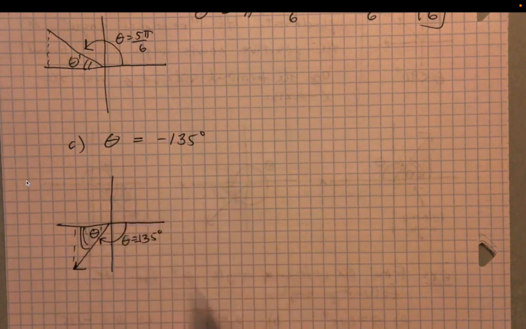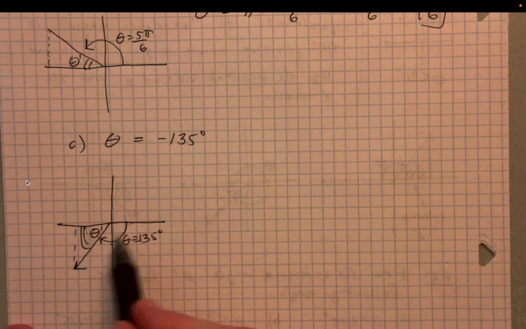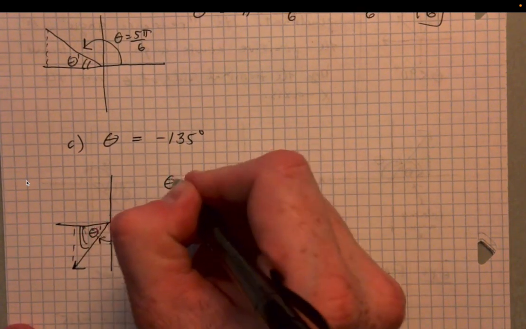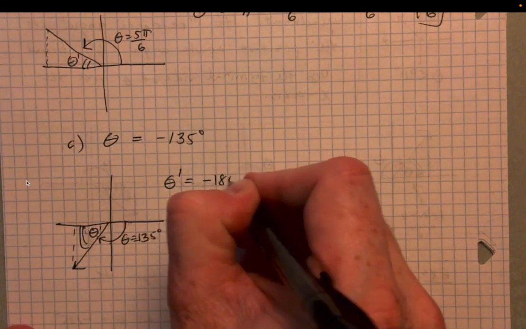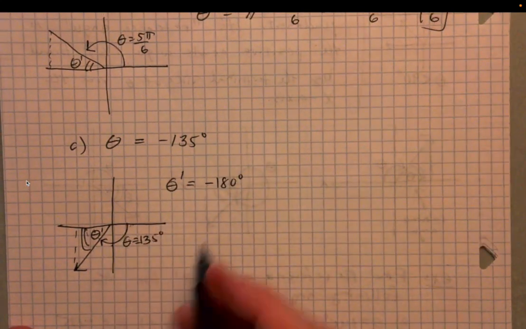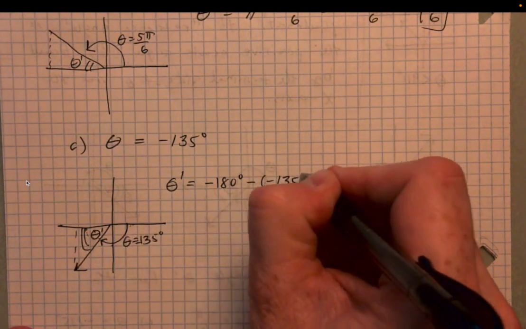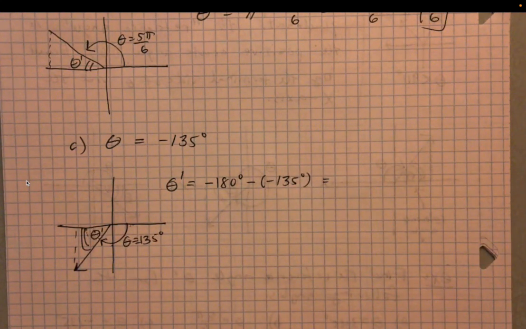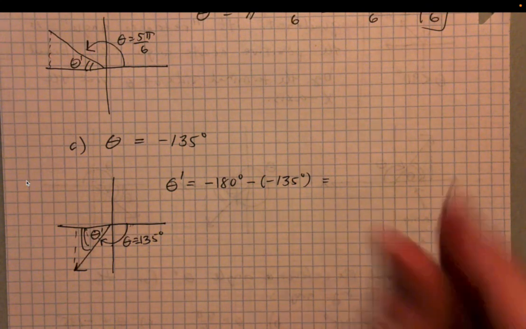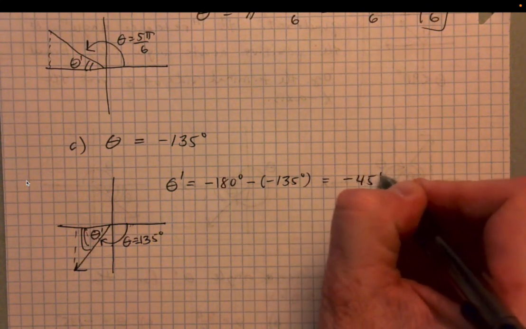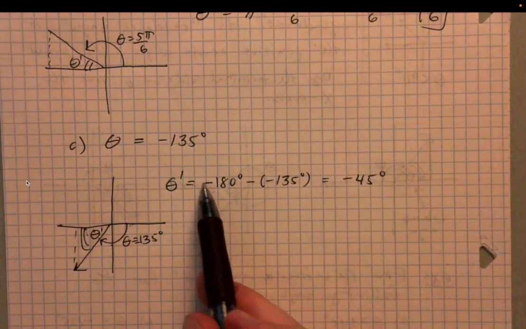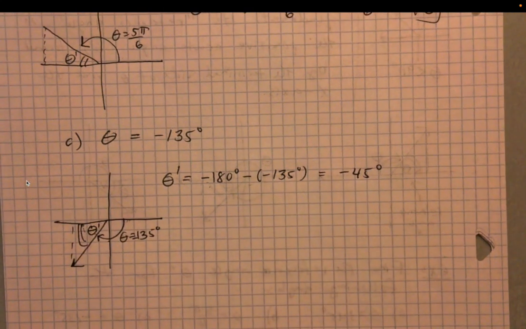This distance here. And so you can think of negative 180 degrees, right? And then I want to subtract off the negative 135. And so when I do that, I get negative 45 degrees, don't I? So negative 180 plus 135.